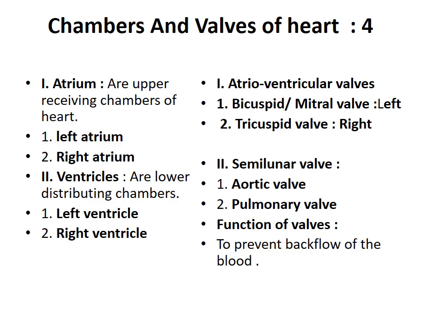The atrioventricular valve on the left side, between the left ventricle and left atrium, is bicuspid, having two cusps, and is also called the mitral valve. On the right side it is the tricuspid valve. The semilunar valves lie between the heart and the great vessels: the aortic valve and the pulmonary valve. The function of the valves is to prevent backflow of blood, to carry unidirectional blood flow.